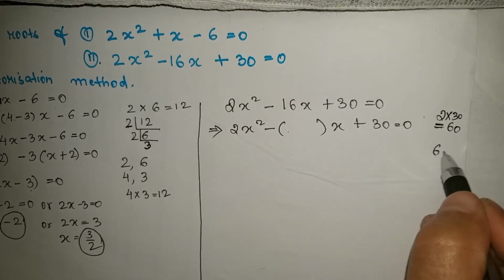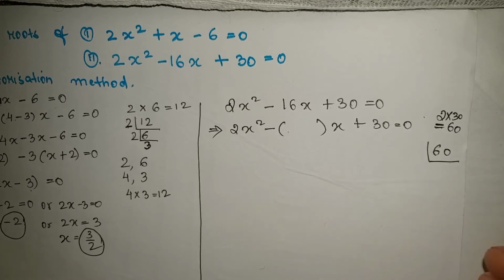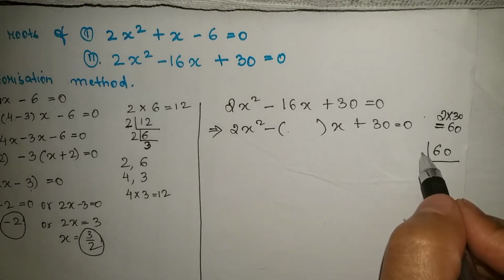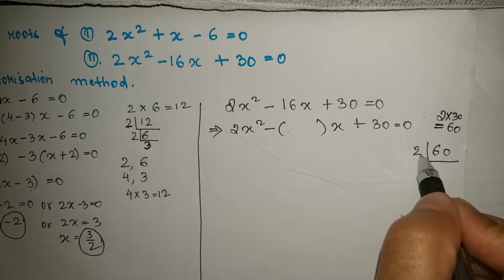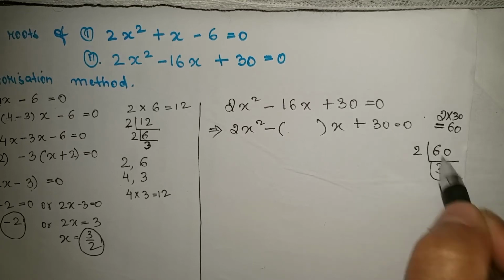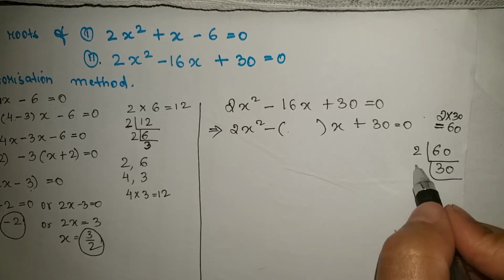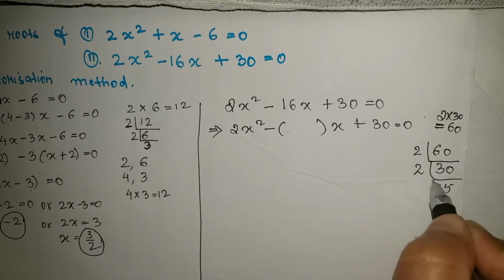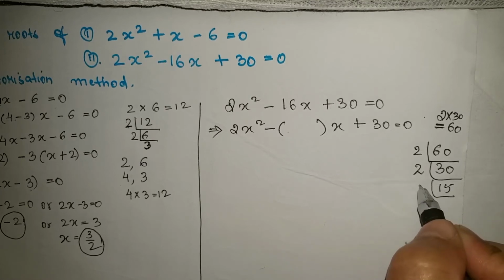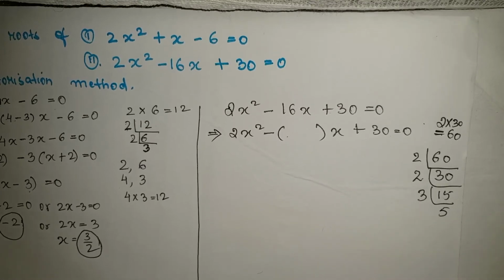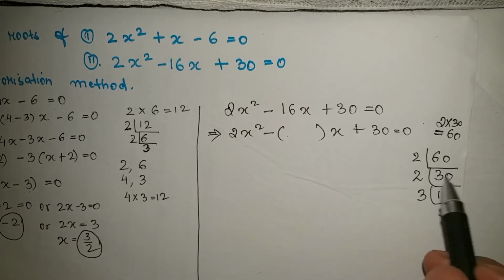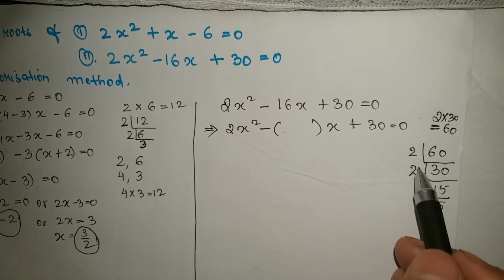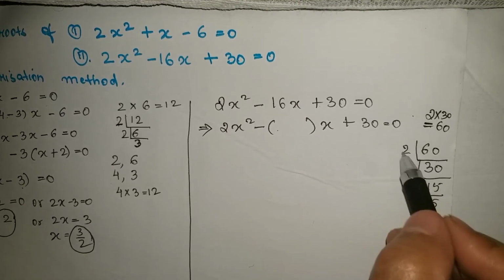Let me simplify 60 and find out all the combinations. 2 into 30, which is 60. Next 30 will be 2 into 15, and 15 is 3 into 5. So these are the prime factors of 60. Now I'll find out a combination.